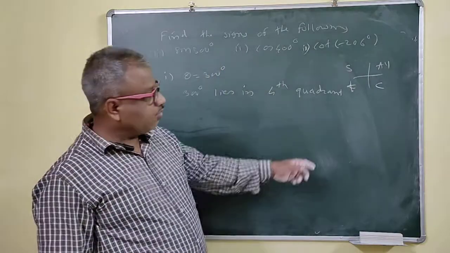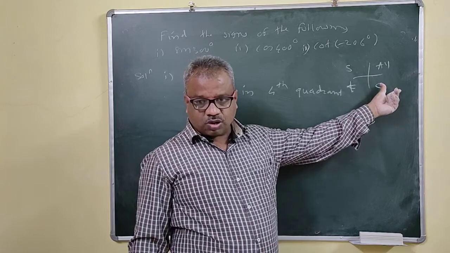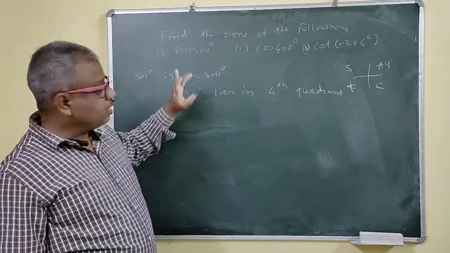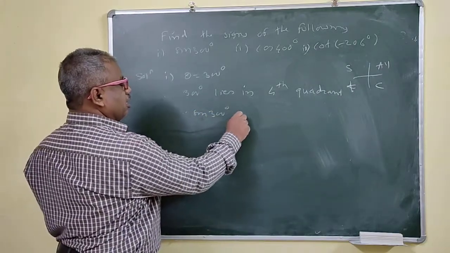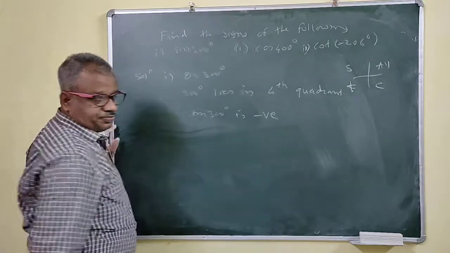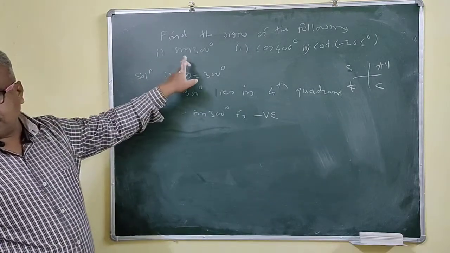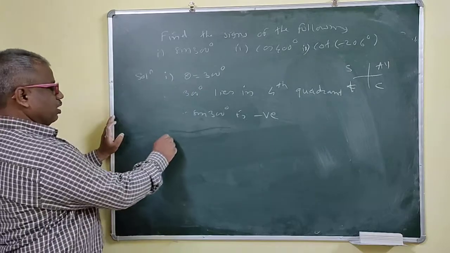Now in the fourth quadrant only cos is positive. Therefore sin 300 degree is negative, because only in the first quadrant and second quadrant is sin positive. Okay, now the second one.